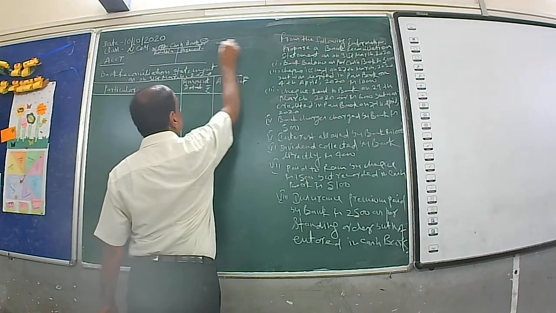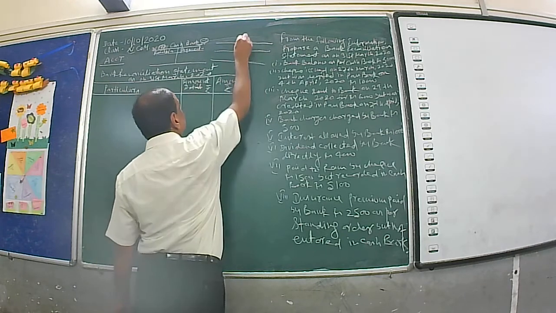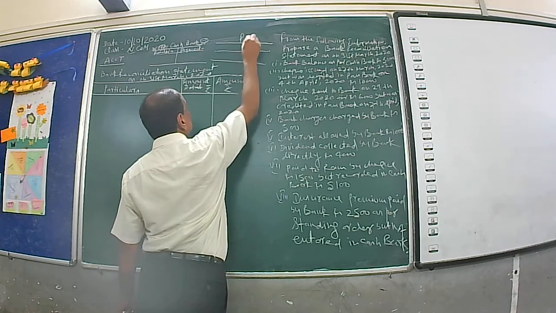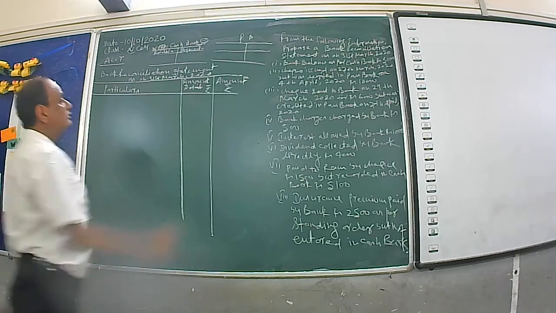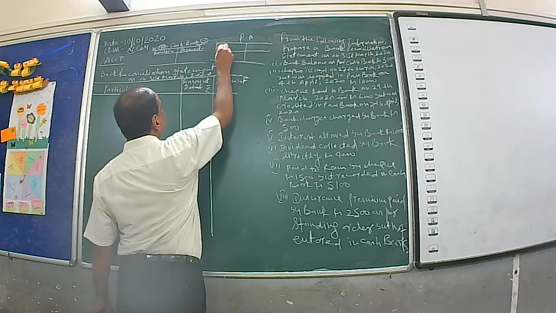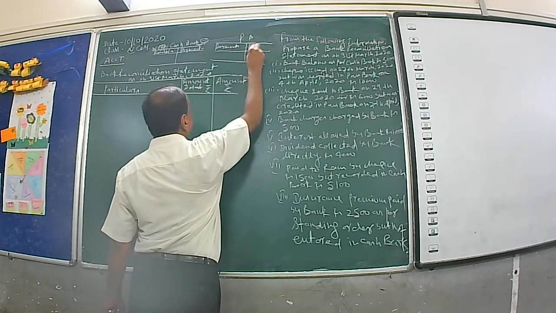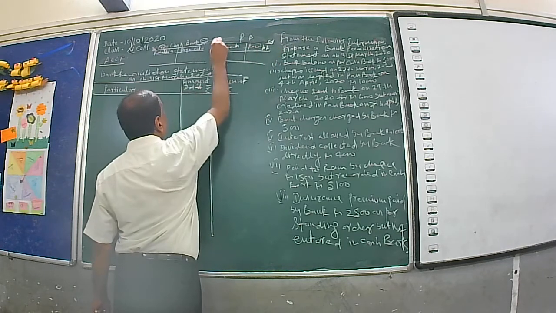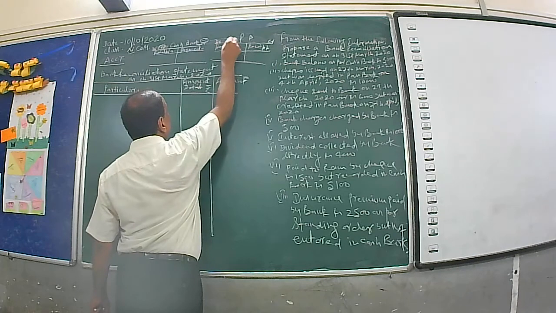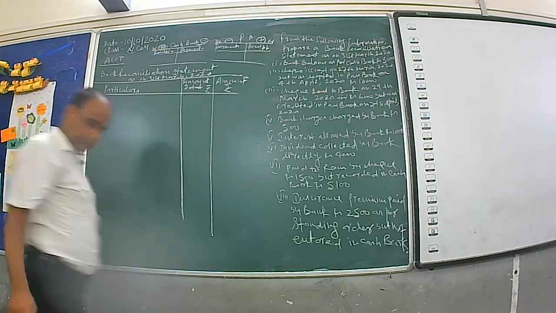Passbook is just the opposite: payment, receipt, credit, debit. Debit side minus, credit side plus.